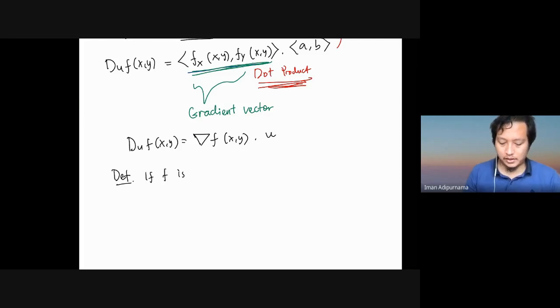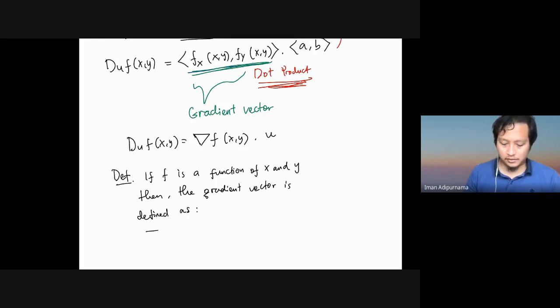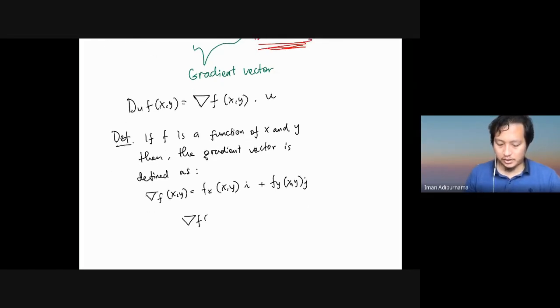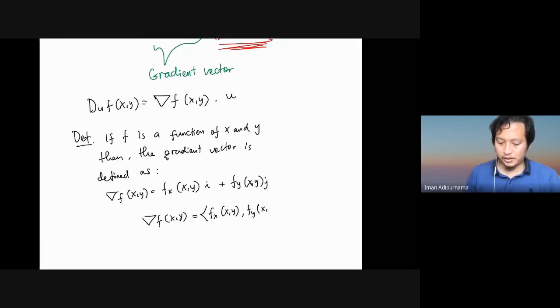What's the definition? If f is a function of x and y, then the gradient vector is defined as, or we can say simply, the vector whose components are partial x and partial y.